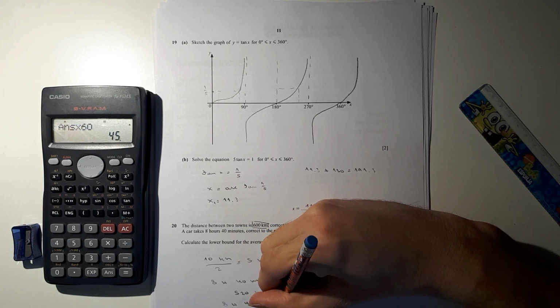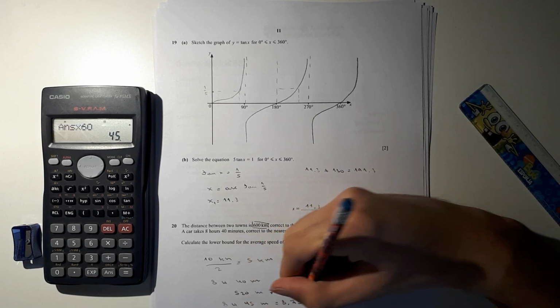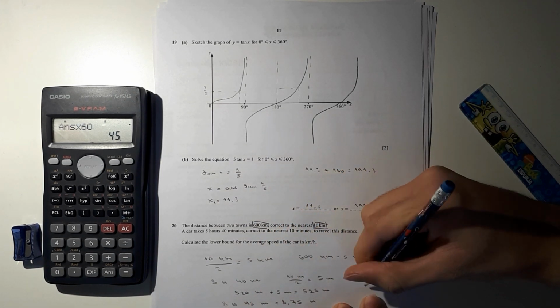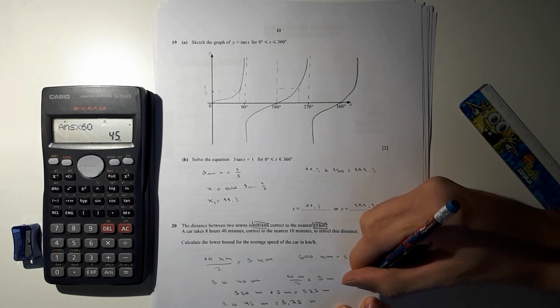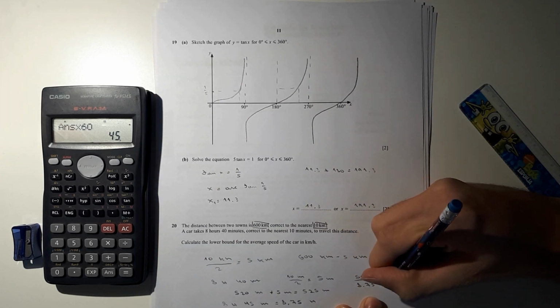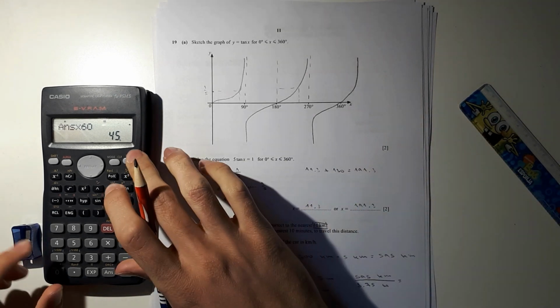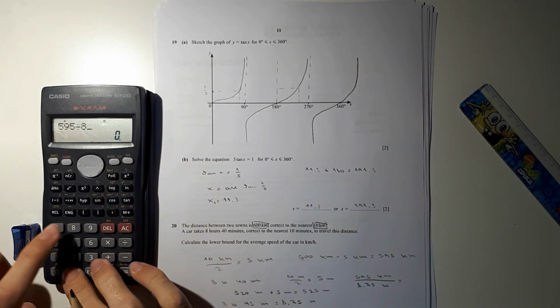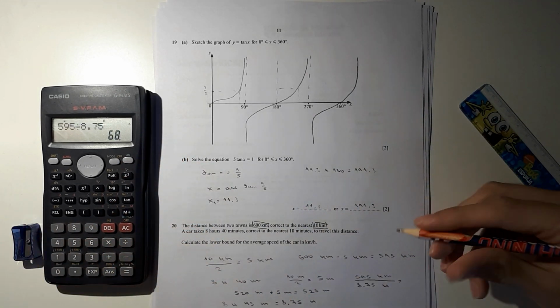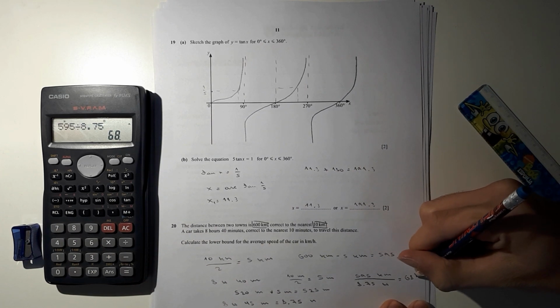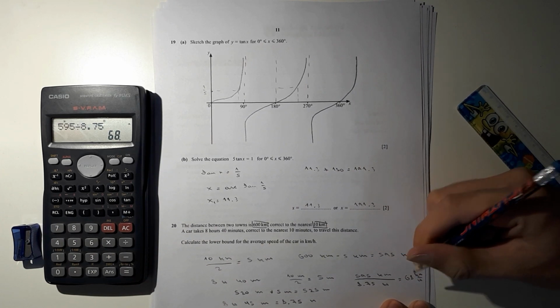So this is equal to 8.75 hours. And now we're going to divide 595 by 8.75 hours. This will give us the result of 68 kilometers per hour.